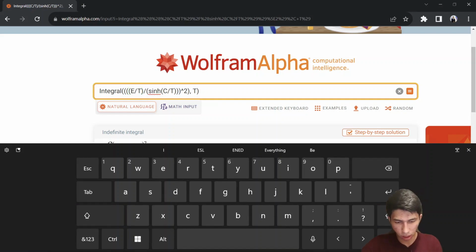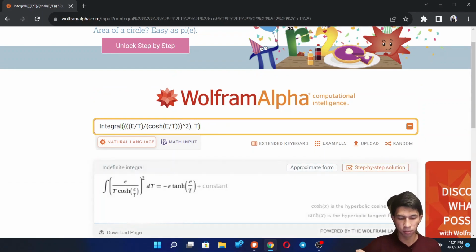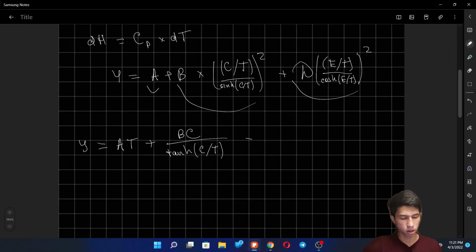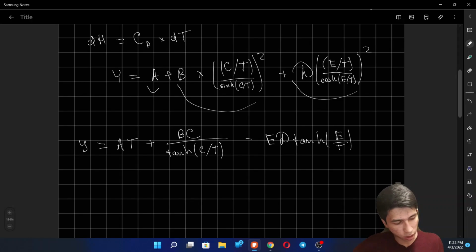This is going to be e over cosine hyperbolic of e over t, and we're taking it with respect to t. So it's going to be negative e times hyperbolic tangent of e over t, and this e is a constant, right? So I'm going to write it as e times tanh of e over t, right?